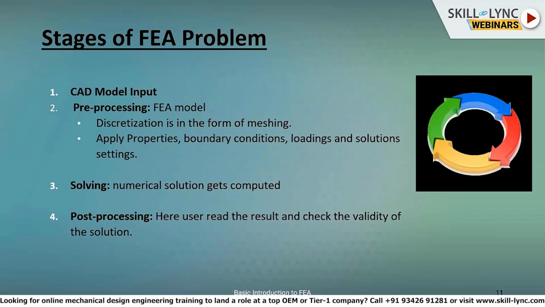Then apply the boundary conditions. Before applying the boundary conditions, you have to specify the properties: what the sectional properties for this component are, and what the material properties are. Then you go for the boundary conditions and loading, and then the solution.